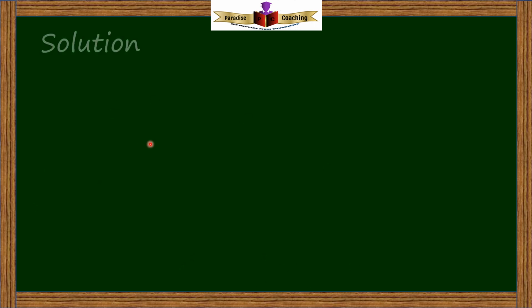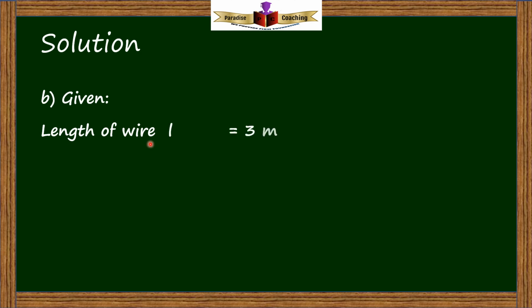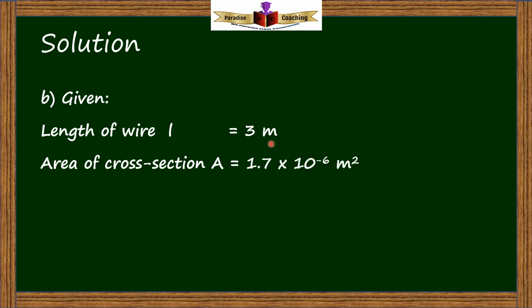Now let's move on to the second part. As usual, for all numericals, first of all, we have to write the given things. So the length of the wire is given to be 3 meter. Then the area of cross section of the wire is given to be 1.7 into 10 raised to minus 6 meter square.